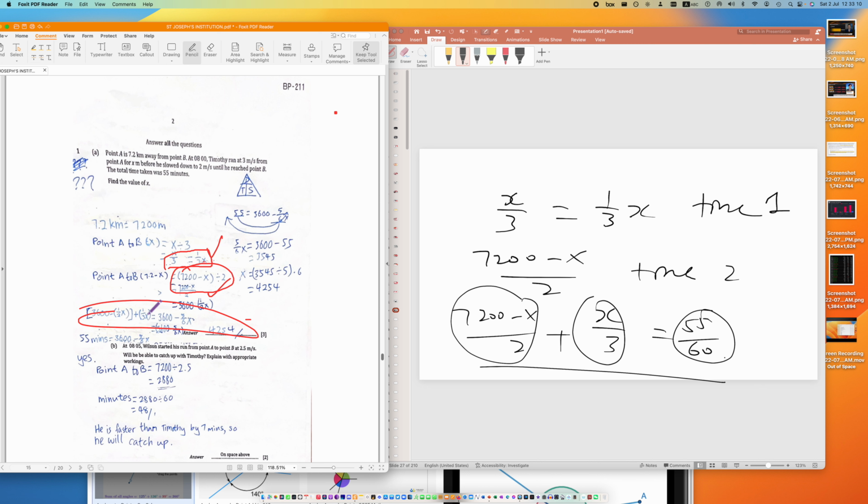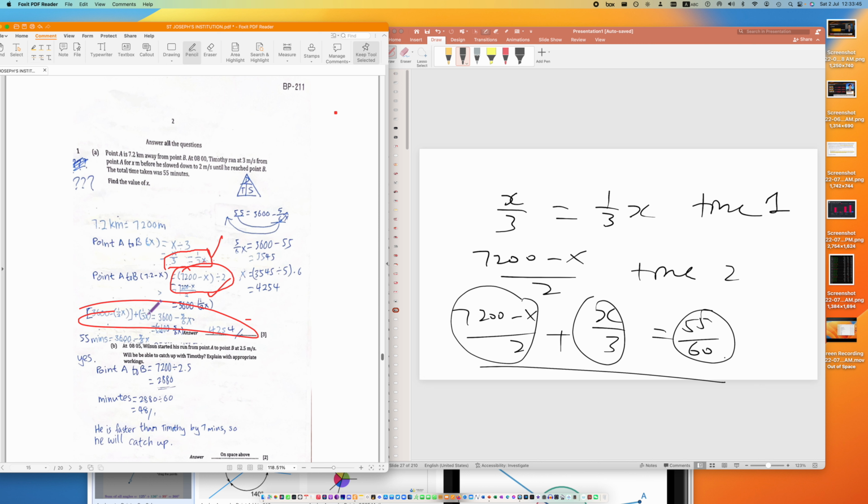Then you solve for the x. Can you solve or not?